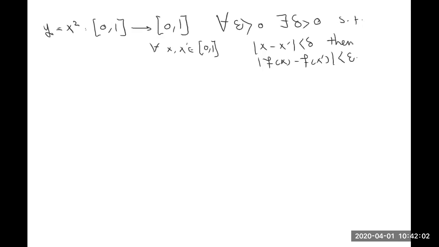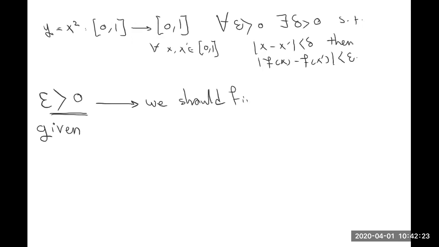The way to prove it is that we should assume a positive epsilon is given. In order to prove this, we should find a positive delta such that this delta and this epsilon satisfy everything we wrote here. So we want that if x and x prime are closer than delta, then f of x minus f of x prime is closer than epsilon.